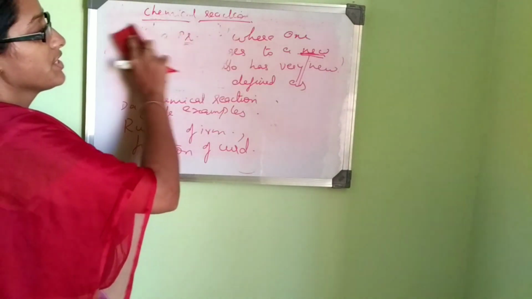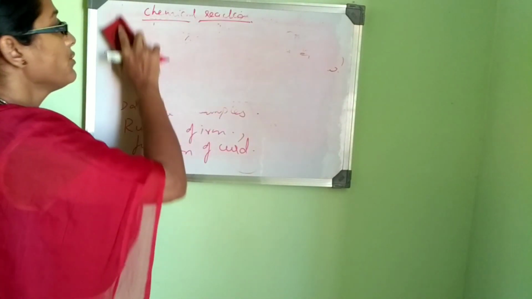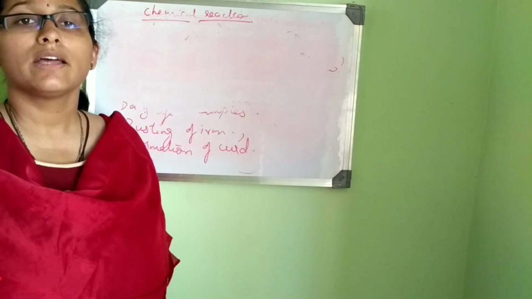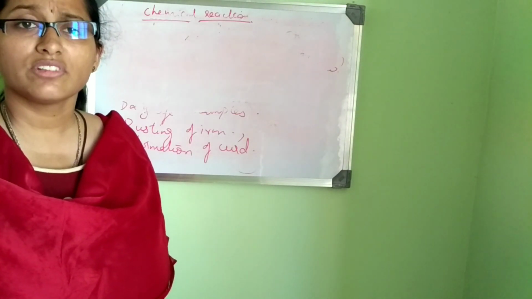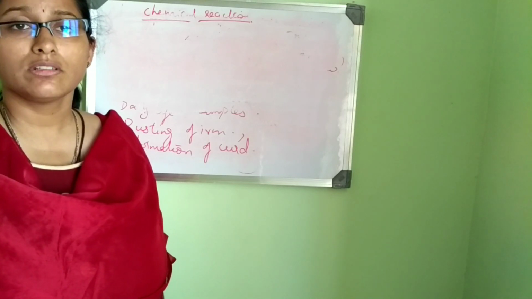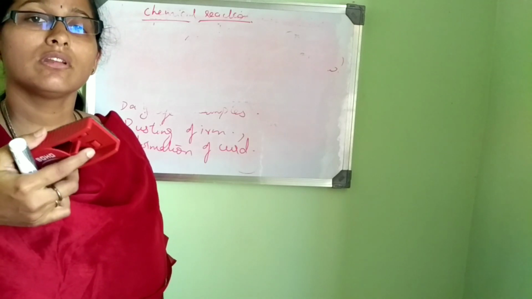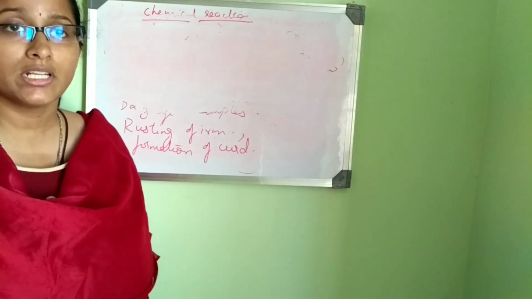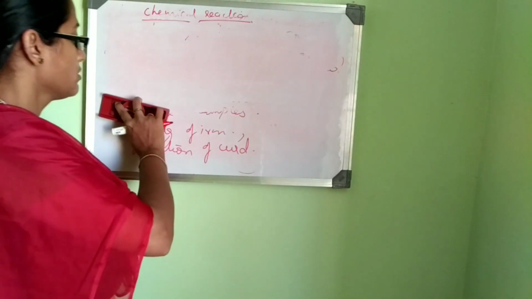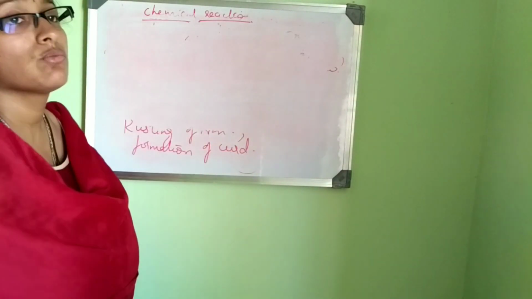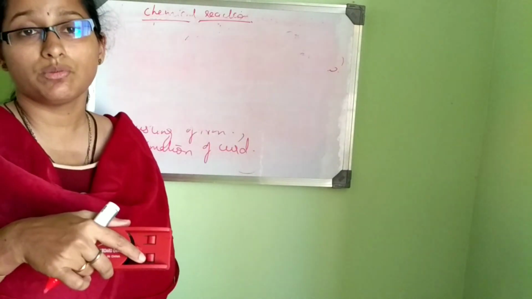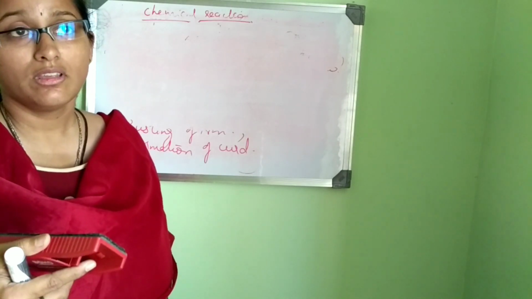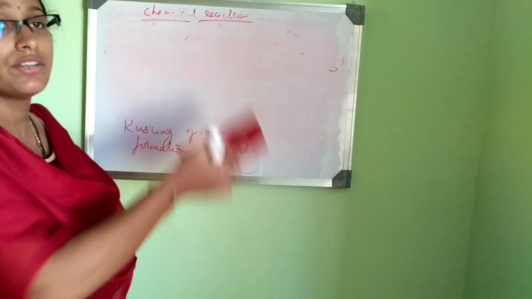When we take rusting of iron, a new iron is exposed to air containing moisture, and you leave it for some time or a few days in the presence of air and moisture, you can see that rust is formed. This rust, once formed, cannot be changed back to the normal iron that we had seen. So that is a chemical reaction.